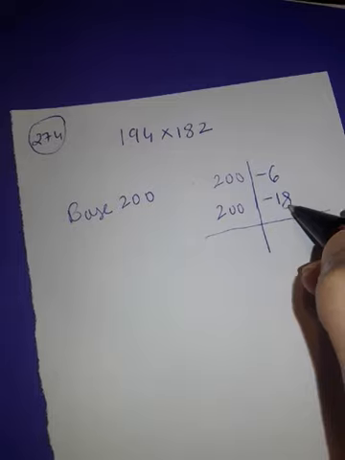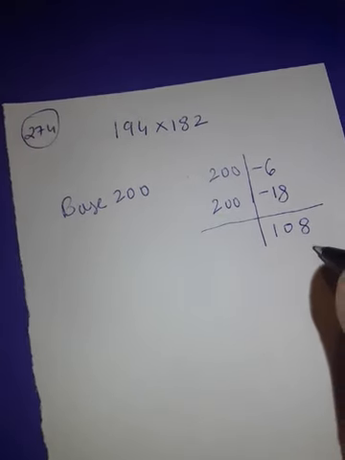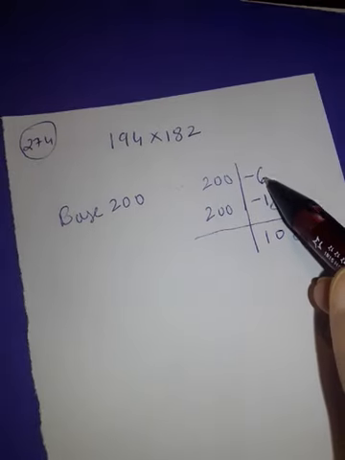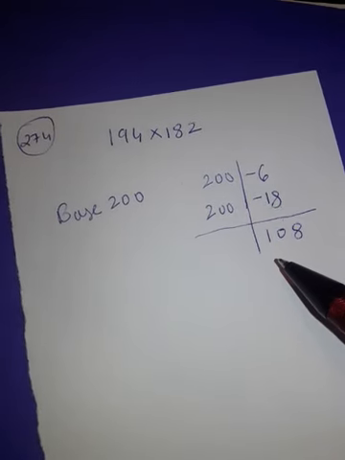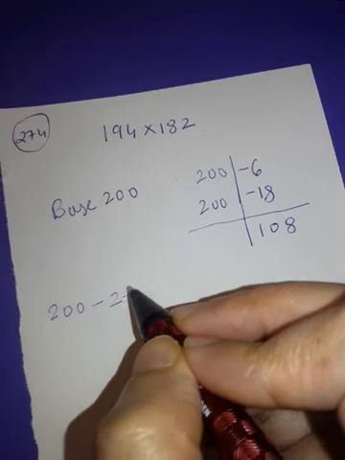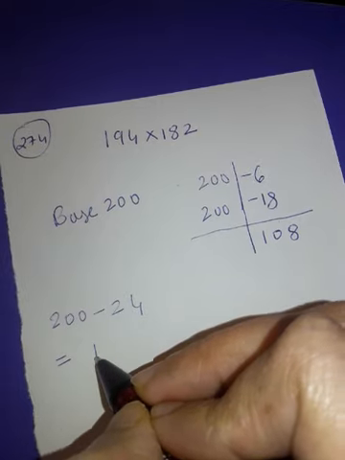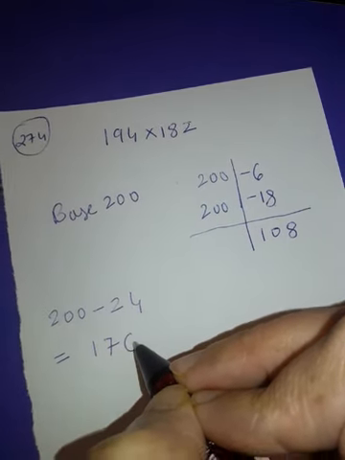Now I'll take the product. Minus 18 into minus 6 is 108. It's a 3 digit number. Minus 6 minus 18 is minus 24. So next step is 200 minus 24. Since base is 200, 200 minus 24 is 176.